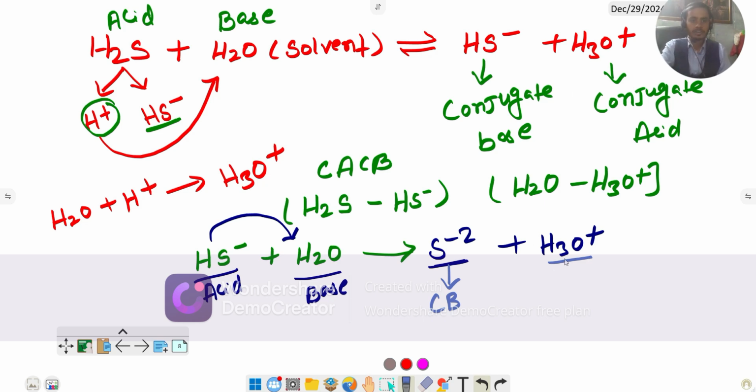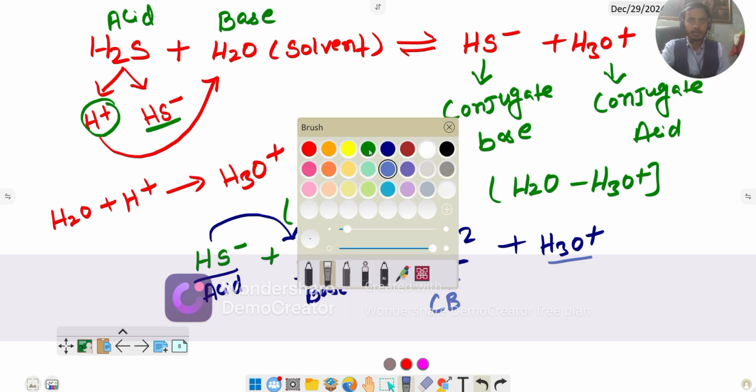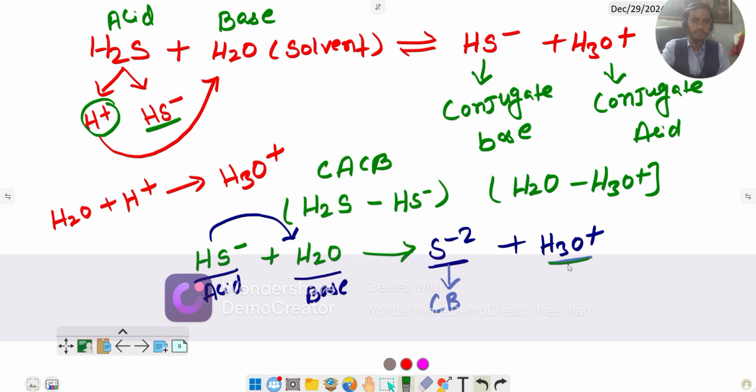After donating the H plus ion to the water, the accepting part, the product that is formed, H3O plus, behaves like the conjugate acid.